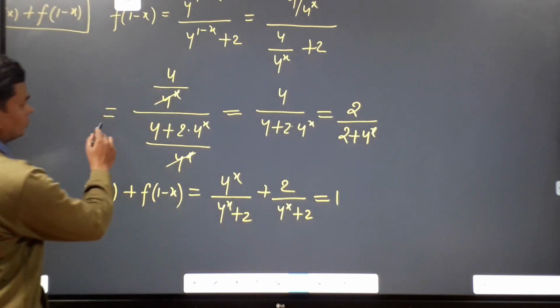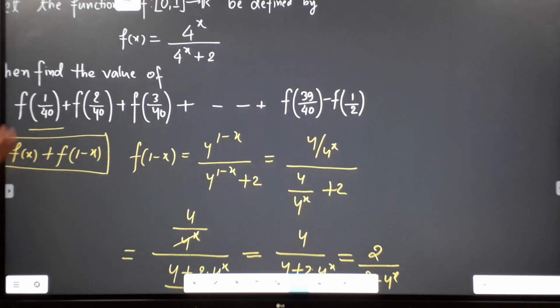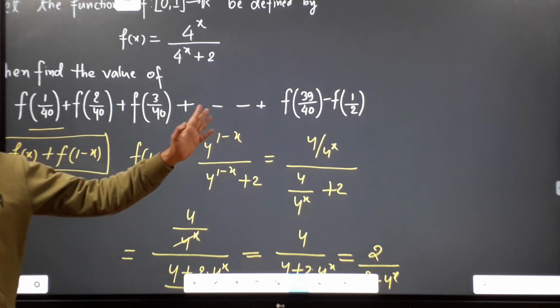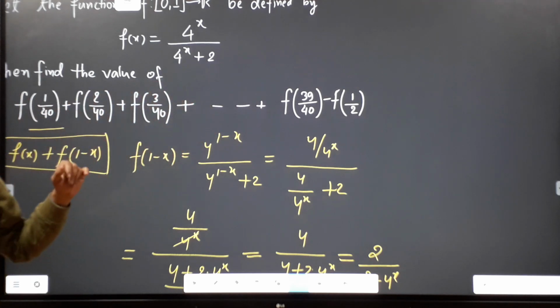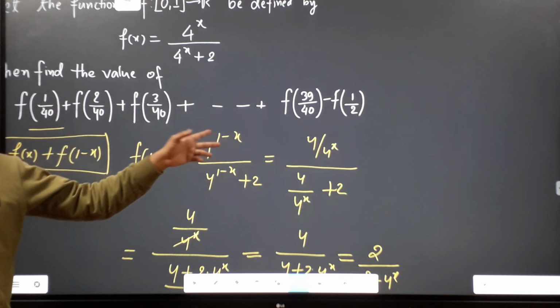Once you understand this, you can say that f(1/40) plus f(39/40) will be equal to 1, and f(2/40) plus f(38/40) will be equal to 1.